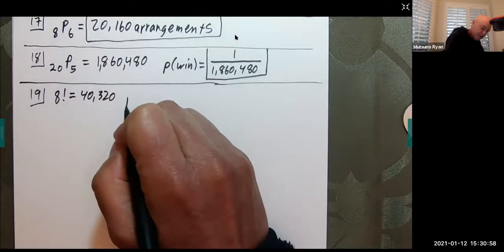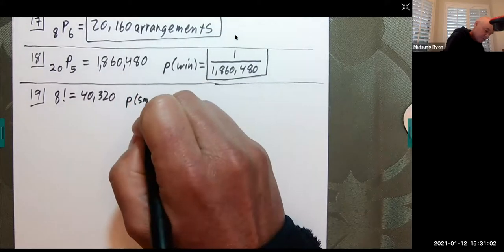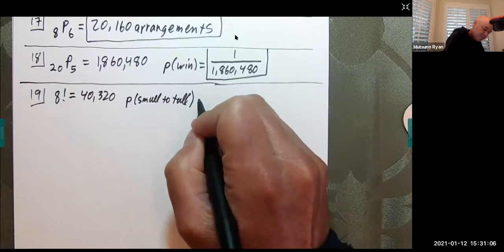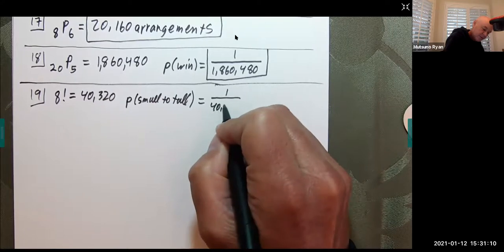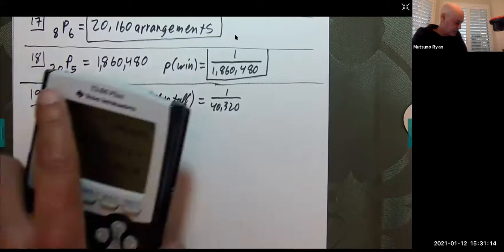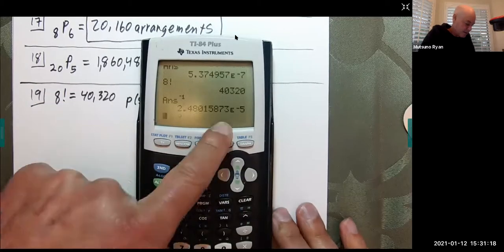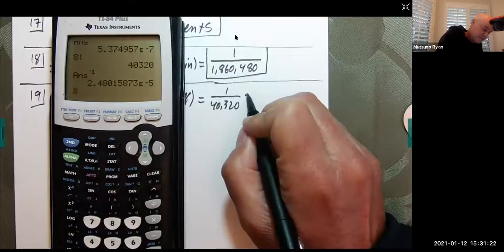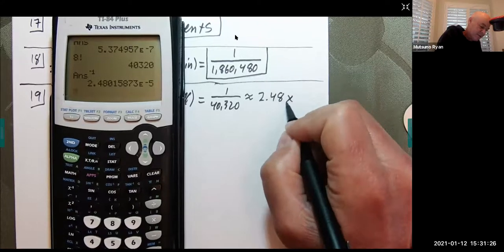And so the probability of small to tall is 1 over 40,320. And this one, the denominator is small enough, I'm going to actually divide that out, so I'm going to find the reciprocal there. And I'm going to write it out like you see it. This is an approximation, 2.48 times 10 to the negative 5th power.